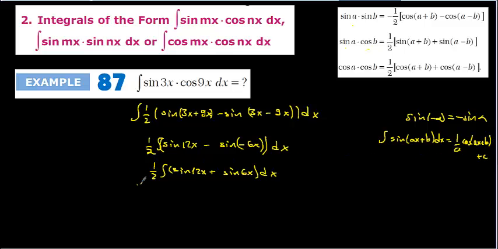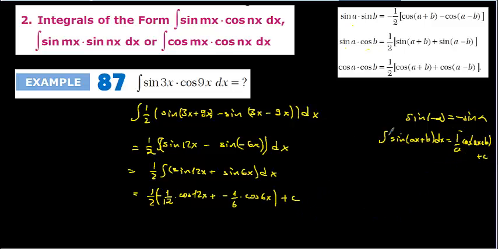So here this is equal to 1 over 2 times minus 1 over 12 times cosine 12x plus minus 1 over 6 times cosine 6x plus c.